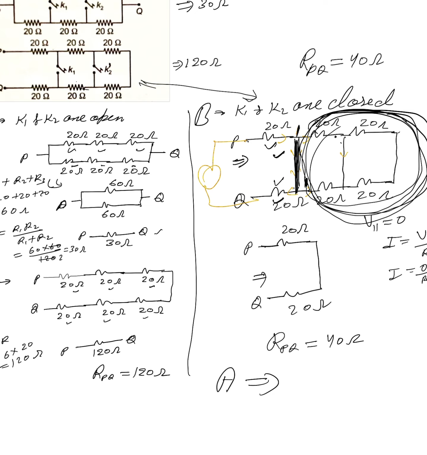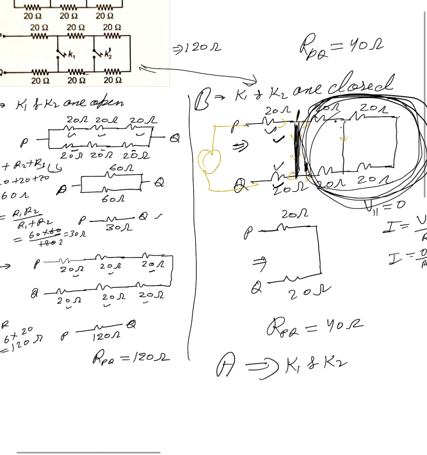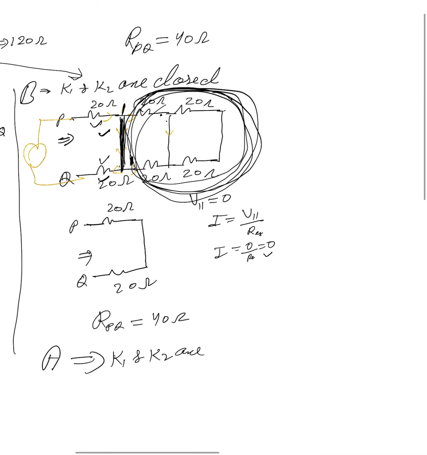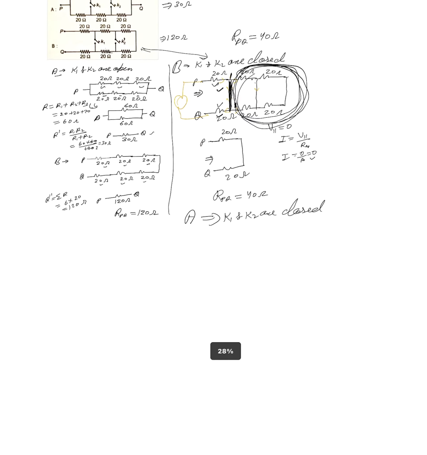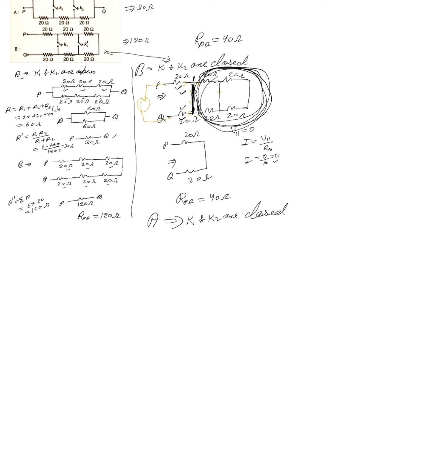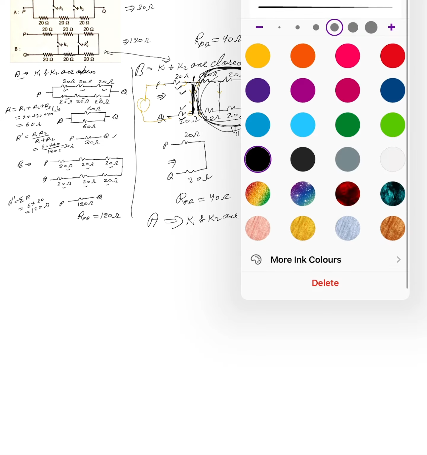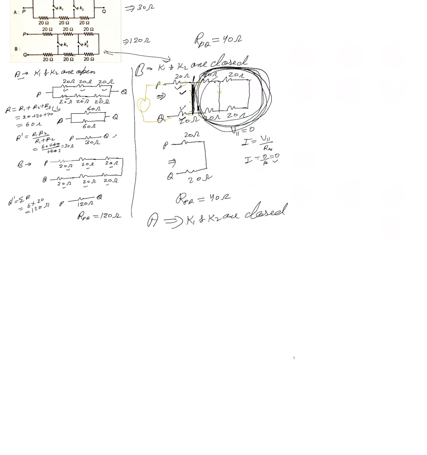Now if K1 and K2 are closed, corresponding to the A part, how can we do it? First of all, make the circuit.